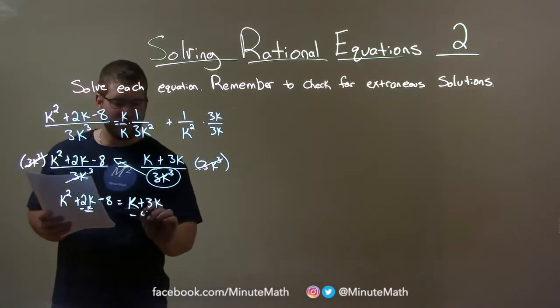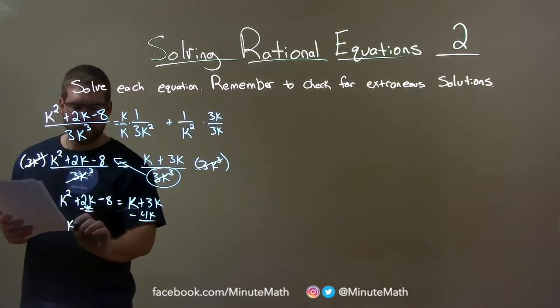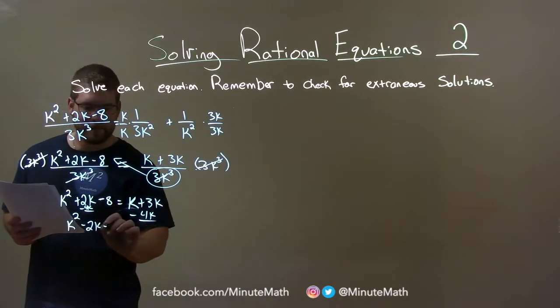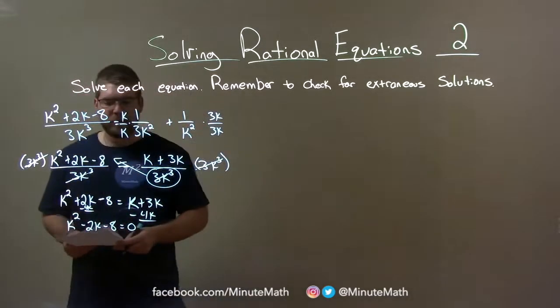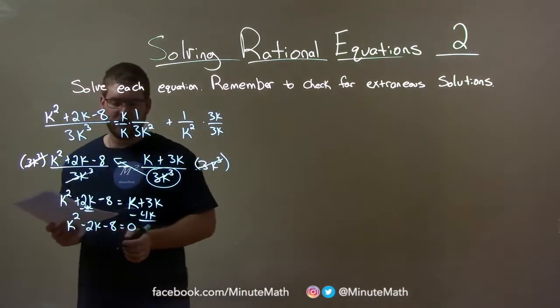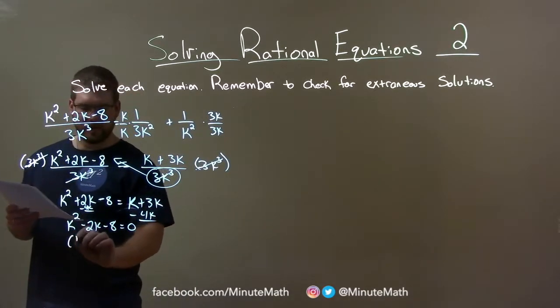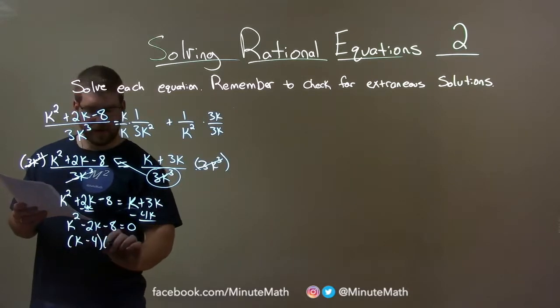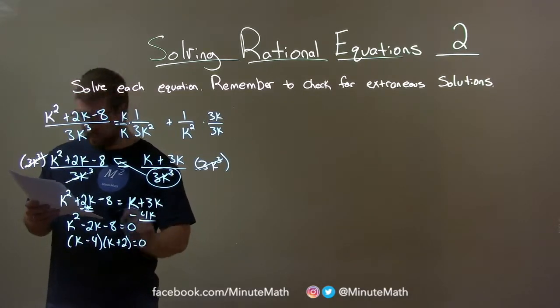So if we subtract a 4k from both sides, we have k squared minus 2k minus 8 equals 0. Well, as factors, what two numbers multiply to be negative 8 but add to be negative 2? That's minus 4 and positive 2. So we have k minus 4 and k plus 2 equal to 0.